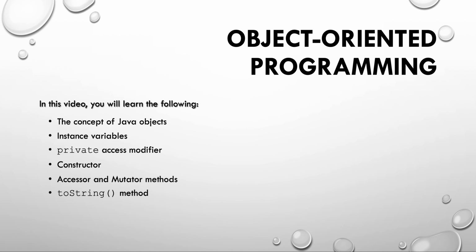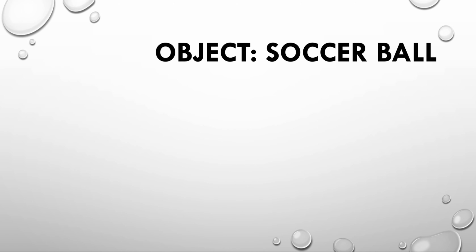So we better start. Okay, let's talk about a simple object, any object that can be found in this world. I have an example here, which is a soccer ball. Any ball or soccer ball has two things: attributes and behaviors.